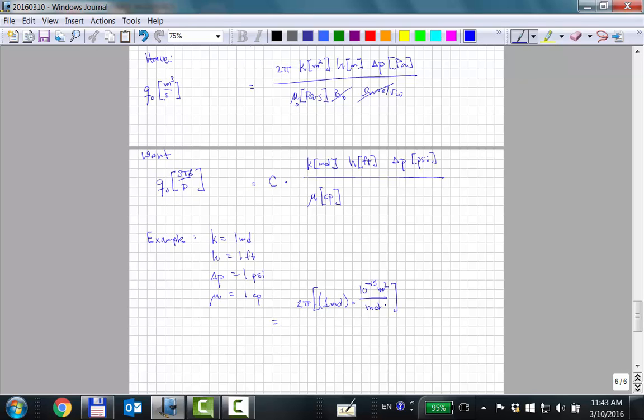When we do it that way, you can see the unit disappearing. If I had put in 23 millidarcies, it would do the same thing. So I'm going to be putting in my numbers with this. I just need to know what is C. Well, C is going to be the 2 pi, the 10 to the minus 15, and all the other things. H is 1 foot, so I put in 1 foot. And I'm obviously going to have to move this.